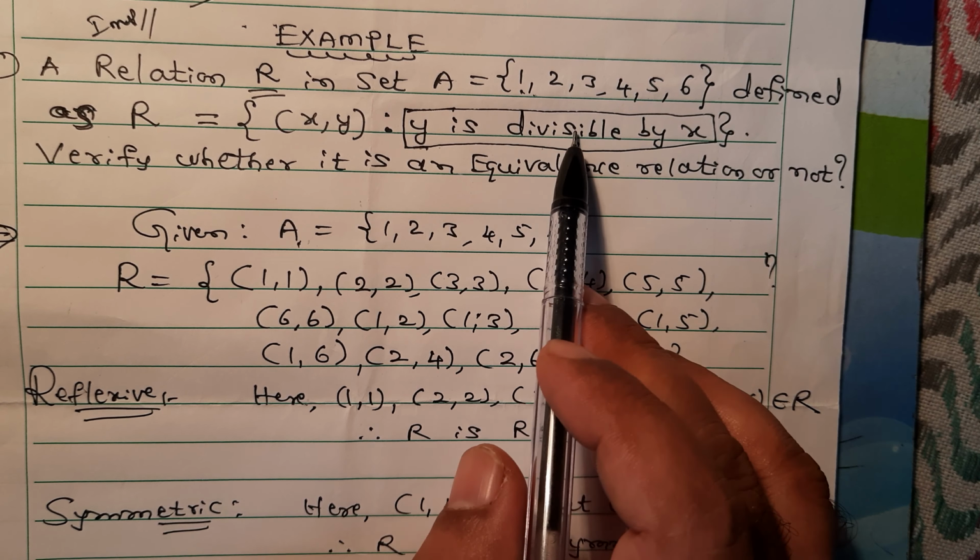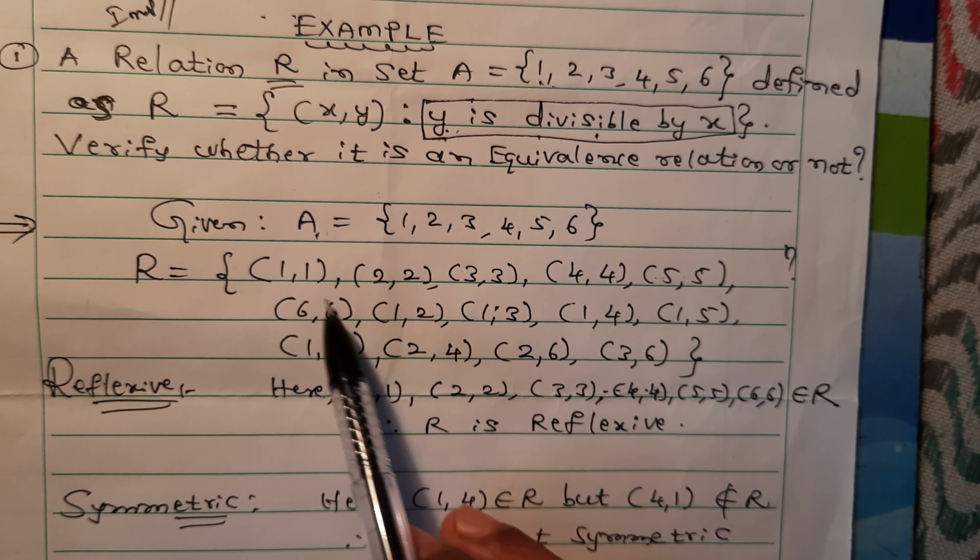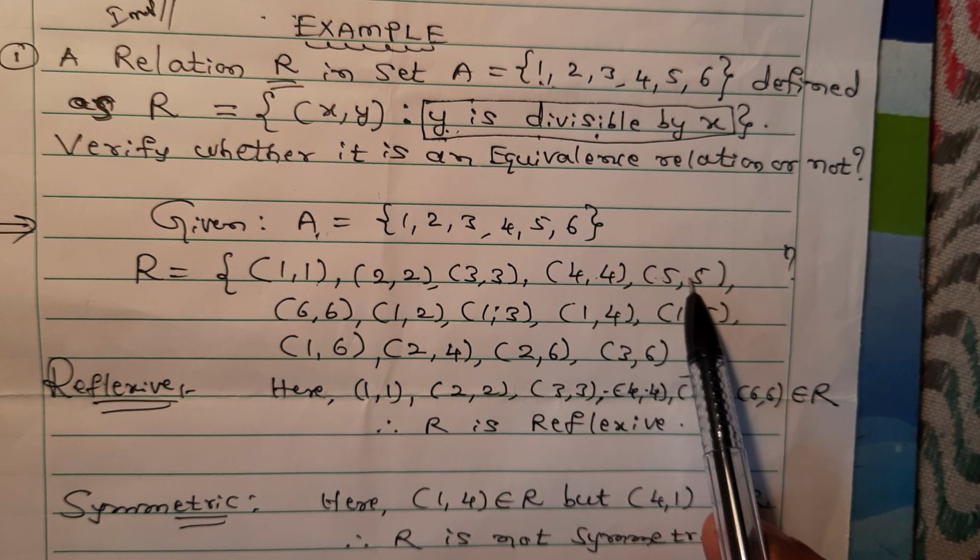x divides y. So x divides y or y is divisible by x. Clear? Okay, let us search the pairs. Out of these 36 pairs, what are the pairs which follow this property? So that we have to write in our relation. So it's very easy. First, I have written all these ordered pairs (1,1), (2,2), (3,3), (4,4), (5,5), (6,6).